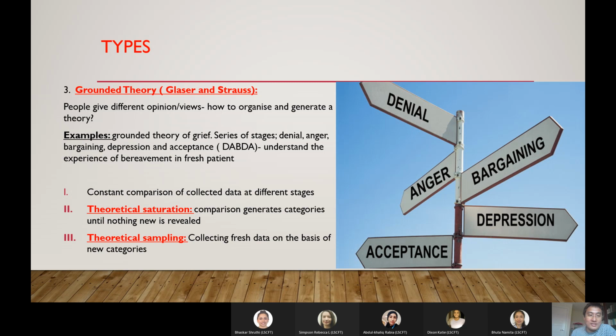So what do you think is the answer? Saturation. Okay, so the answer will be theoretical saturation. If they haven't given this option, but ask what type of qualitative study they have used, which is the answer? Grounded theory.